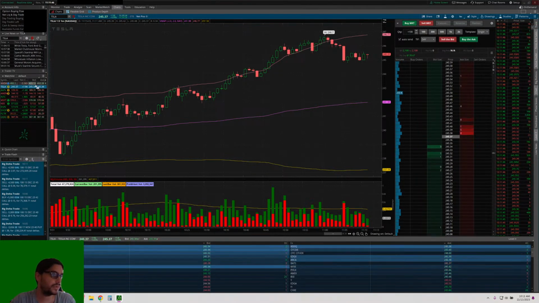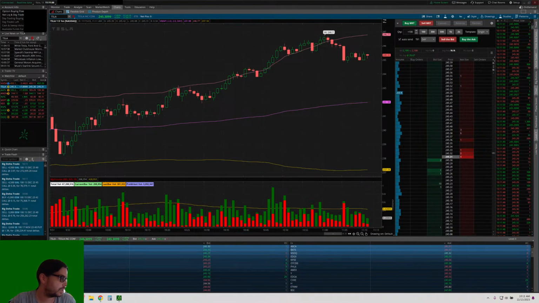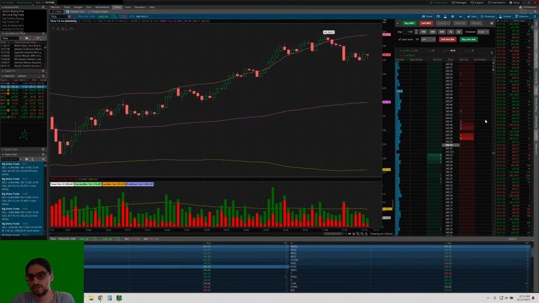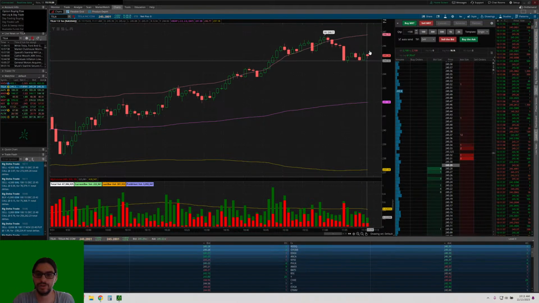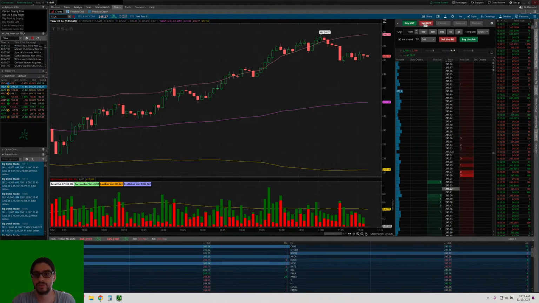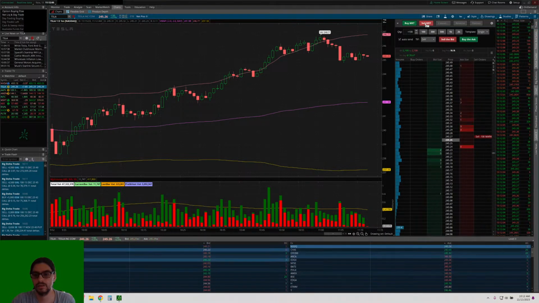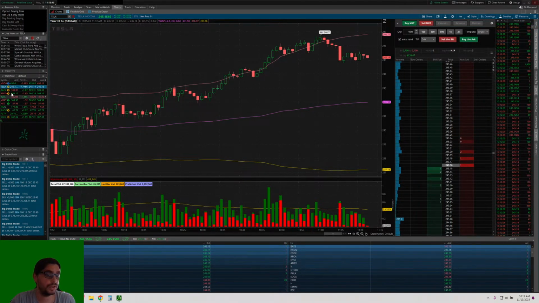So nickel and dimed, probably not worth the short fees there. But there's a potential for it to continue to go down. It could go back up, so that's why you'd want to throw in insurance if you can, so that way you're good on the move.